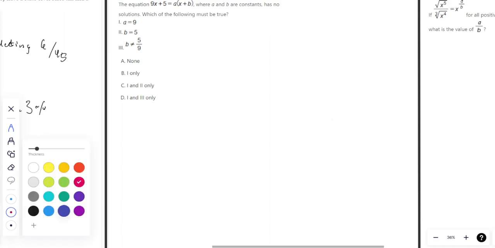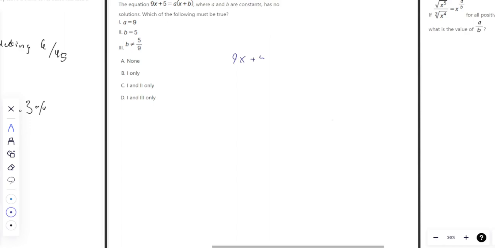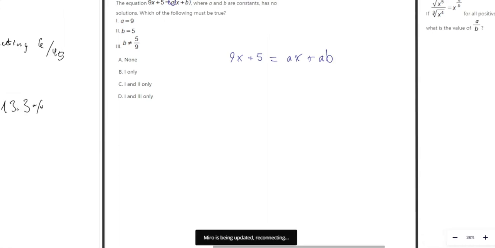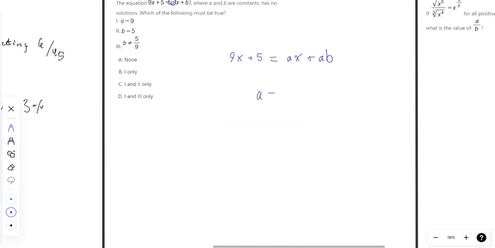9x plus 5, that's the same thing as ax plus ab. And from here, oh, we know that a must equal 9 if there's no solutions.